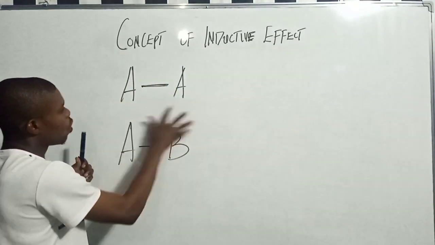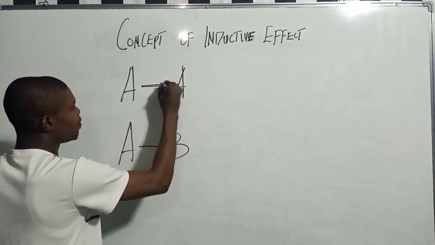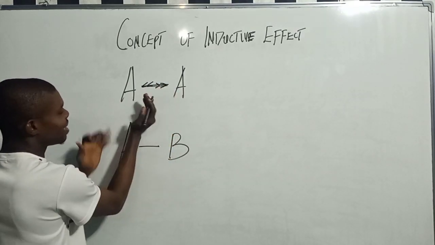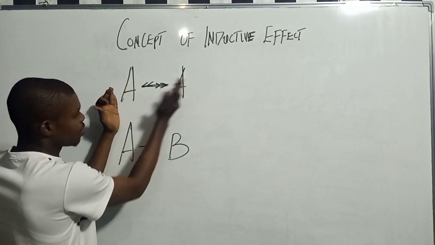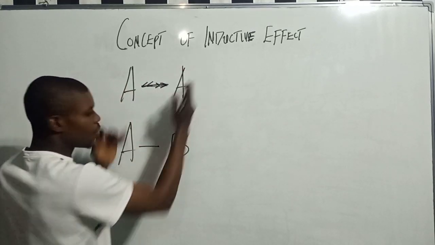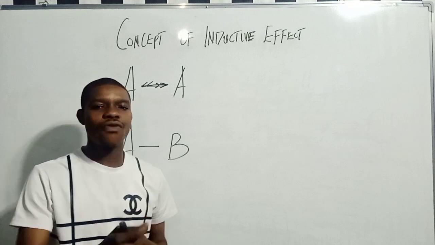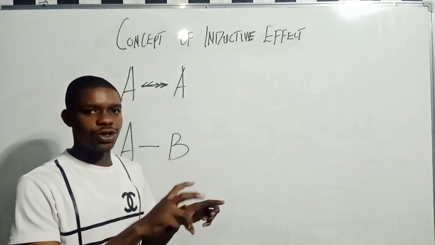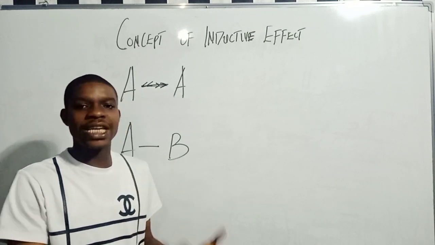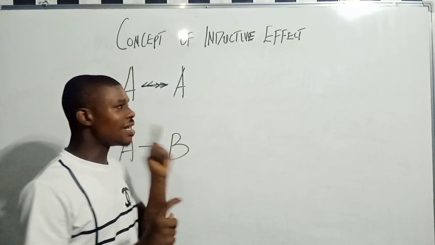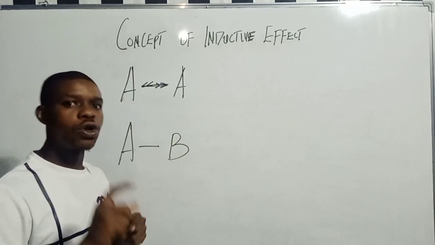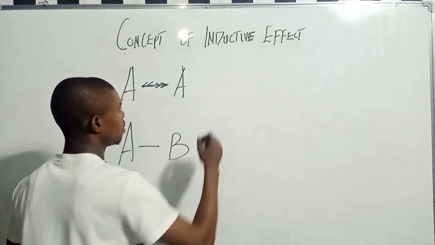Now, when they have an equal pull of the bonding electrons, they will share the bonding electrons equally. This one will have the same strength of pull of the electron as the other one. Now, whenever a covalent bond is between atoms of the same or nearly equal electronegative power, that kind of bond is called a non-polar bond.